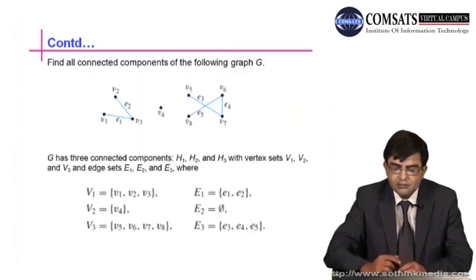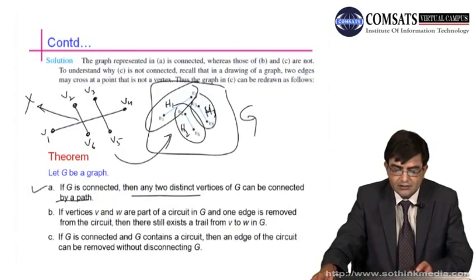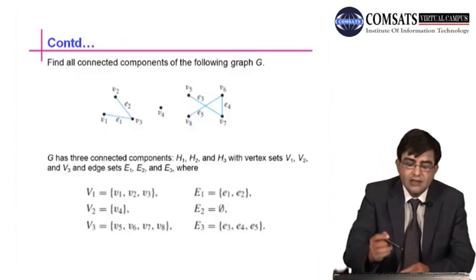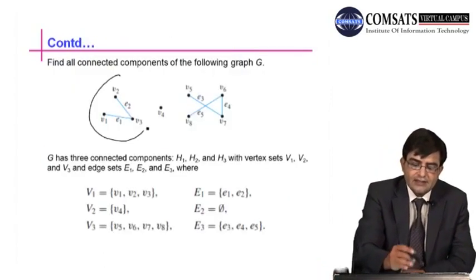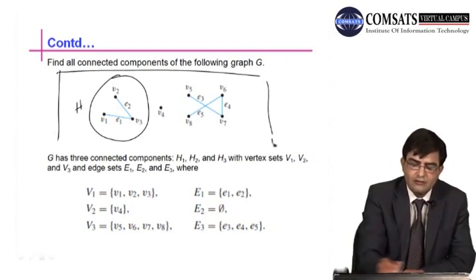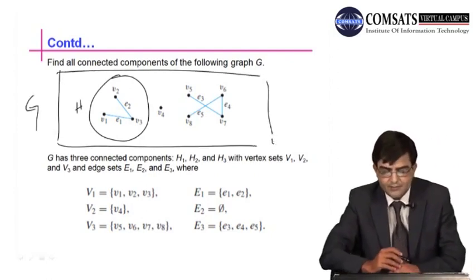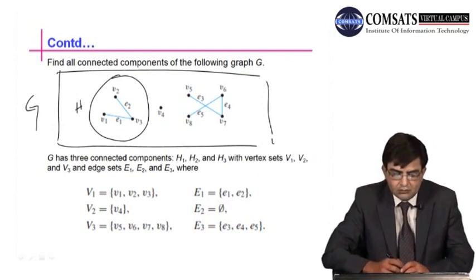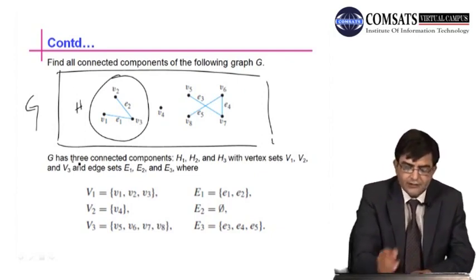For example, here is the same example we have discussed. This is approximately the same. If we take this as H, and this whole graph is the graph G. Now G has three connected components.